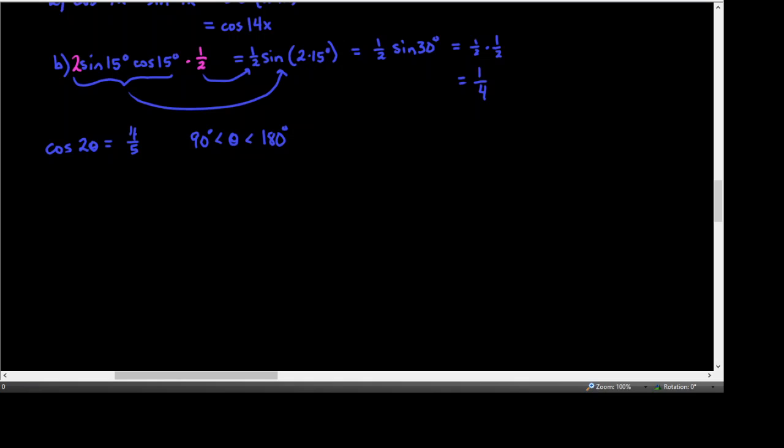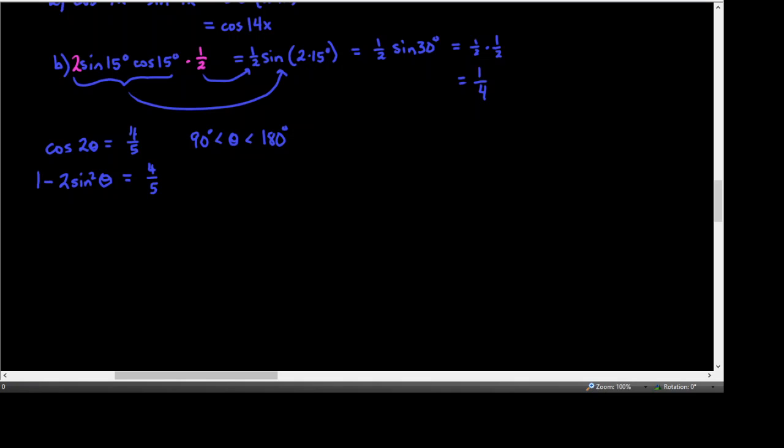So one thought is I could use one of those identities for cosine of 2a that involves only one trig function. And there are 2 of those to choose from, and it doesn't really matter which one I choose. I think I'm going to use this one because I used the other one a bit earlier, if I recall correctly. I could have used, however, 2 cosine squared theta minus 1 instead.